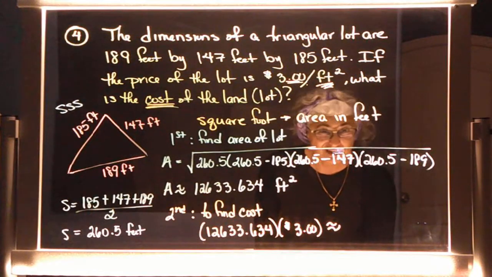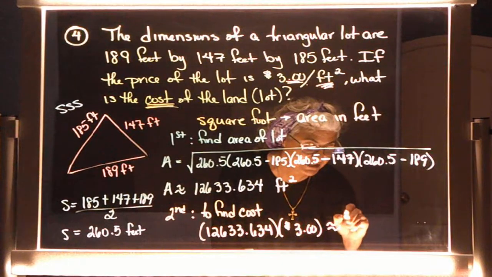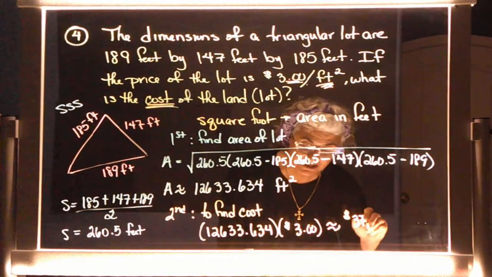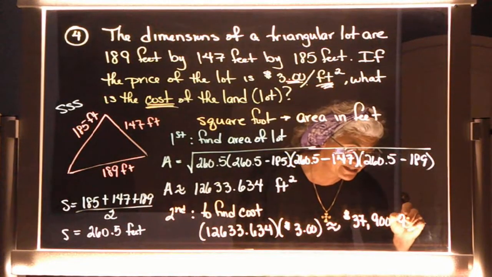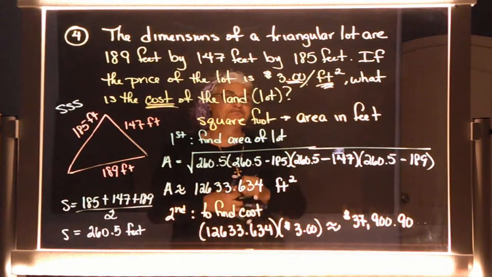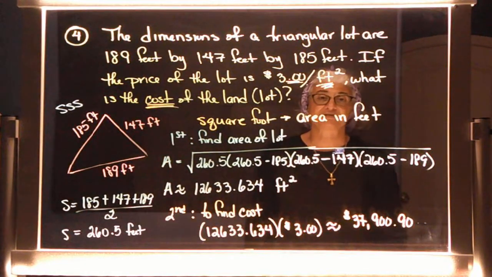We're talking money, right? When you do that, I have that this land is approximately $37,900.90. That's how much it's going to cost them to buy that triangular piece of land. Cool? Okay. Hang in there.